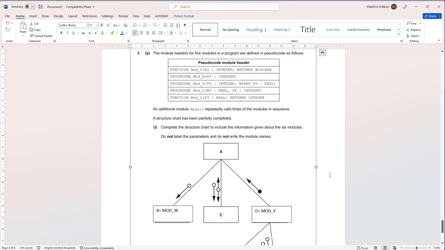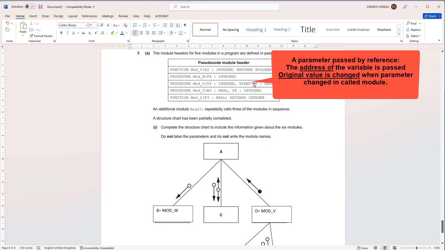Now, let's take a look at the remaining two. They're both procedures. They both receive 2 parameters, but one of them is receiving a parameter by ref, if you can see here. That means that we're looking for an arrow that's double-sided, essentially.